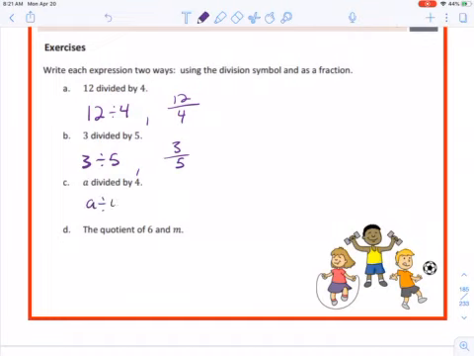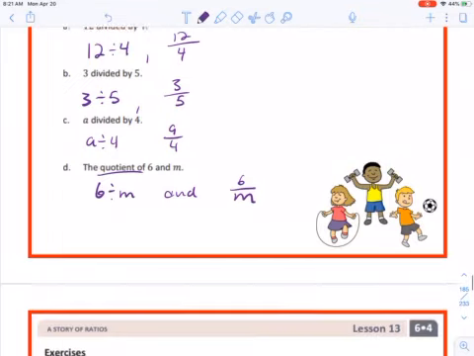A divided by 4, and A over 4. The quotient of 6 and m: 6 divided by m, and 6 over m. Remember, a quotient is an answer to a division problem.